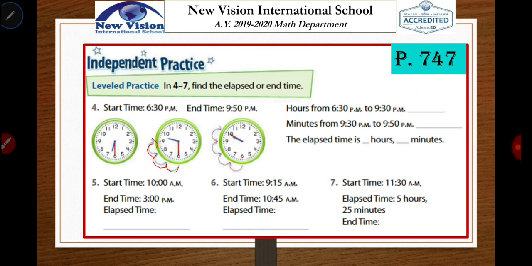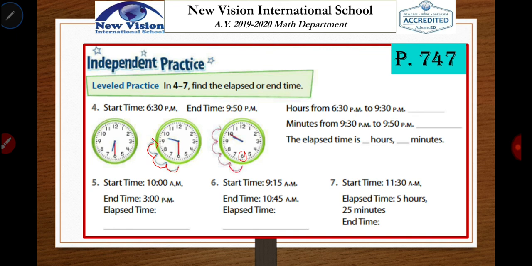And for the minutes, we have here from 9:30. Remember that when the long hand is at 6, the minutes is at 30. So from 30, you move to 50, okay? And what is the interval? The interval is 5.